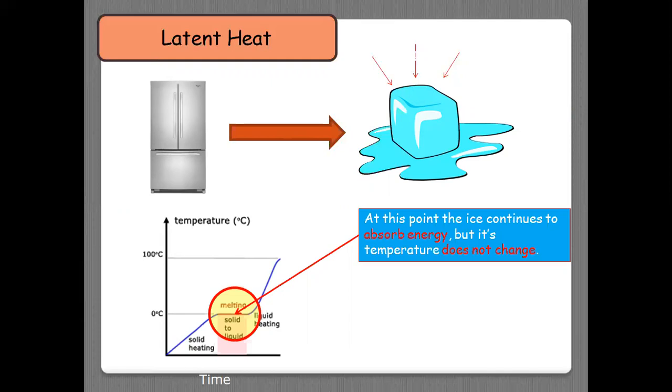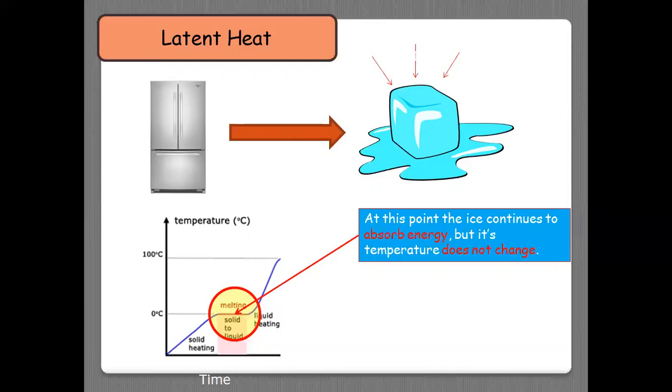We name this period the melting process. The state of the matter in this segment, shown by this arrow, is solid and liquid, and the temperature for pure water is 0 Celsius. At this point, the ice continues to absorb energy, but the temperature does not change.